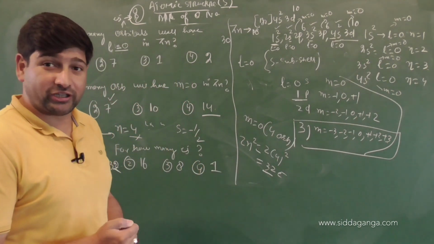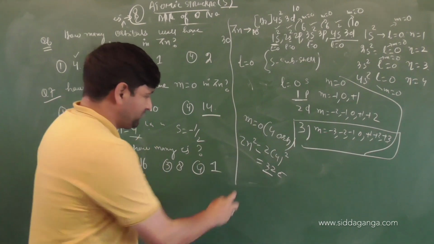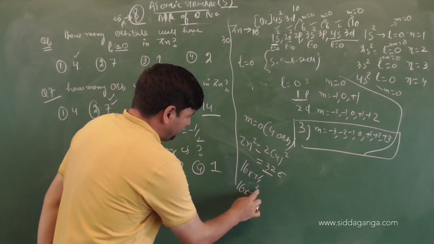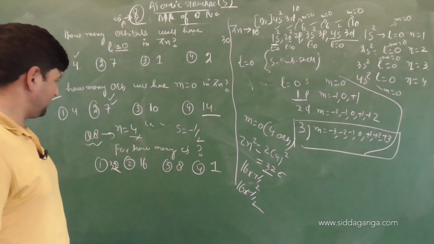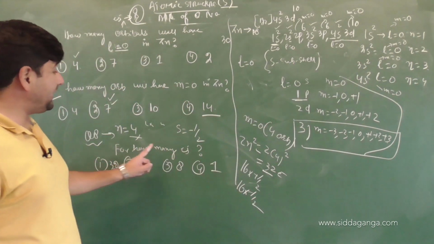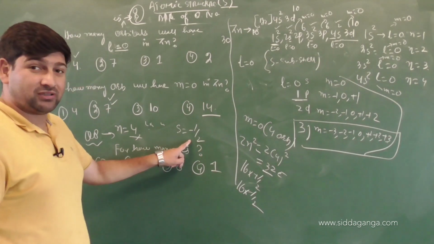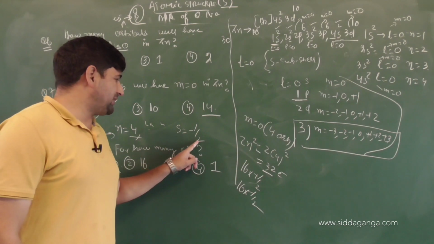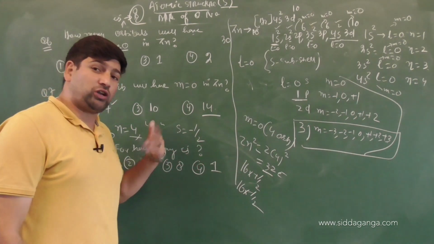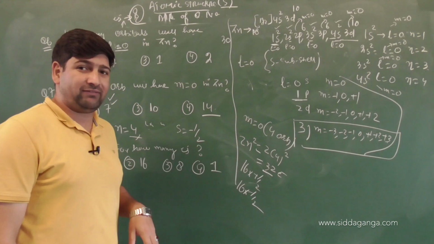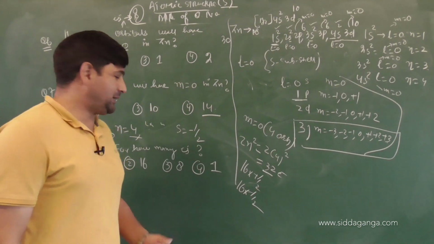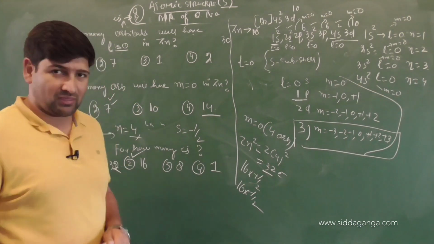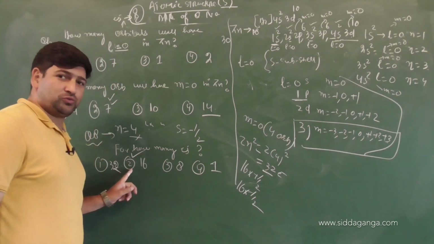So out of 32, 16 will have plus half spin and 16 will have minus half spin. Now the question is how many electrons this set of quantum numbers is possible for. The spin quantum number has been given as minus half. So out of the total 32 electrons, 16 will have minus half spin and 16 will have plus half spin. So the correct option will be option 2.